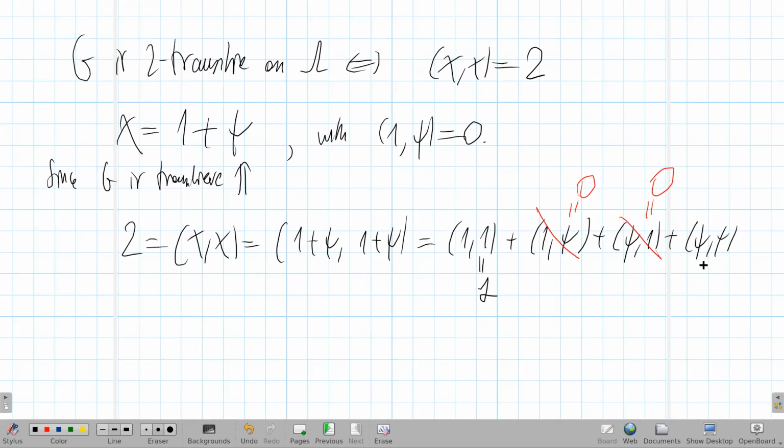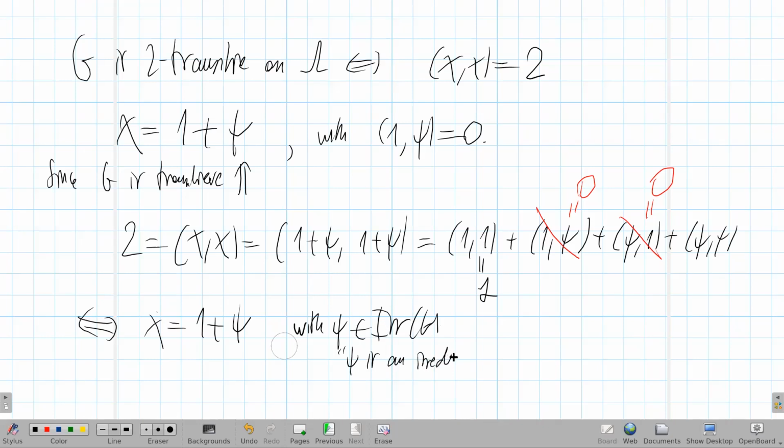What did we get? That G is 2-transitive if and only if 2 is 1 plus the inner product of psi with itself. So G is 2-transitive if and only if chi is equal to 1 plus psi, with psi irreducible. Let's use this. So this means psi is an irreducible character of G. And why is it so?